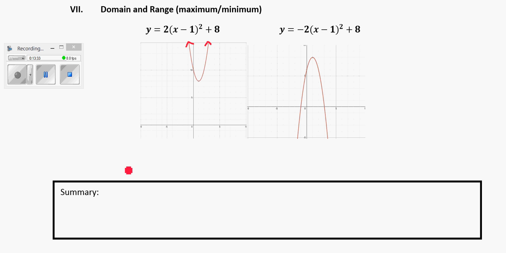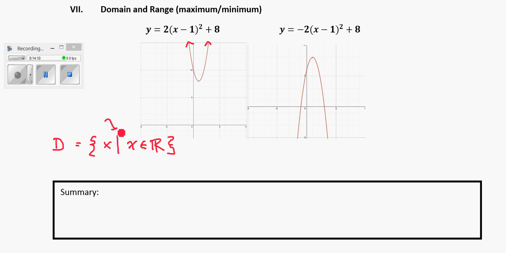We write that in math terms as the domain is the set of x values such that x is an element of all real numbers. On your assignment, if you just write x is all real numbers in words, that's fine too. But sometimes it's nice to know what these symbols actually mean, because in future math courses, it could just be there without an explanation. So that's why I try to bring these into the course.